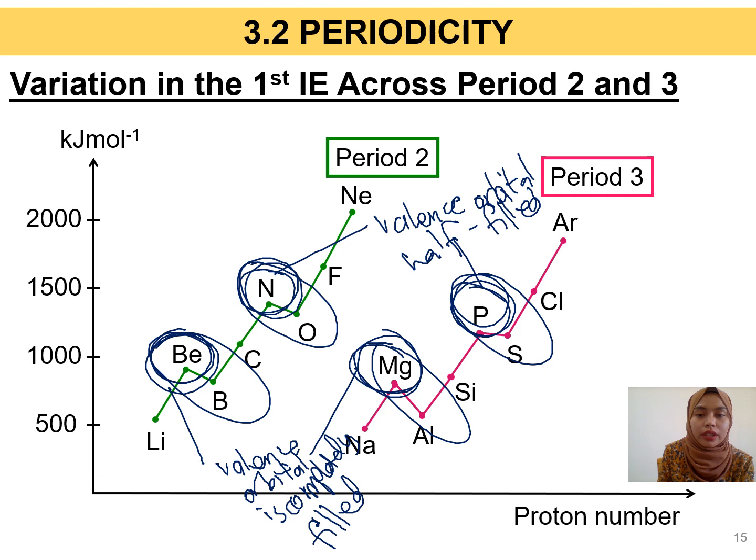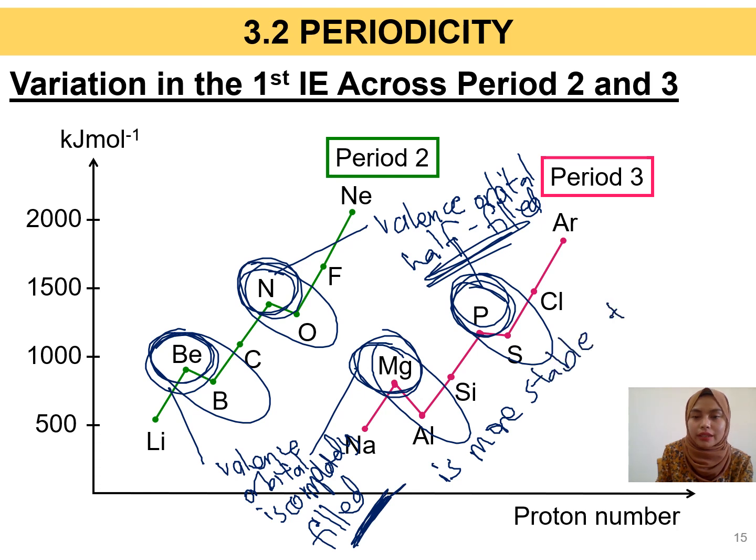Okay, so how do you know? You have to write the SPDF notation and also draw the orbital diagram, then you can see it. Okay, and from there you know that a completely filled orbital and also a half filled orbital is more stable than a partially filled orbital.